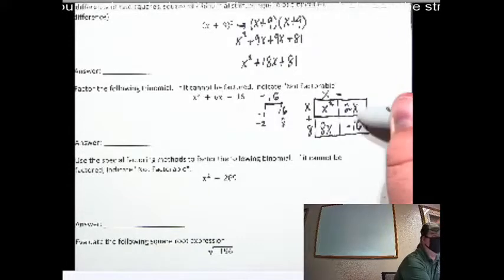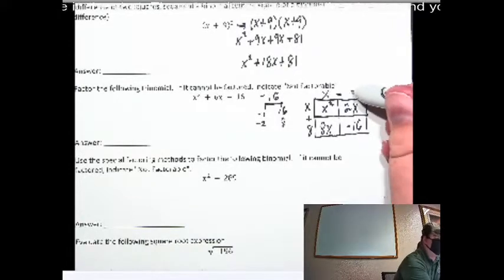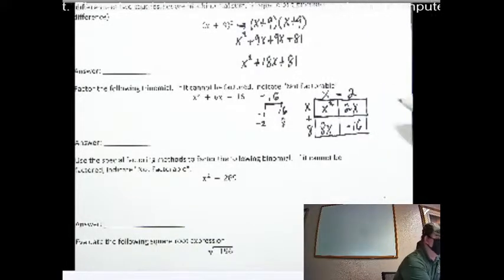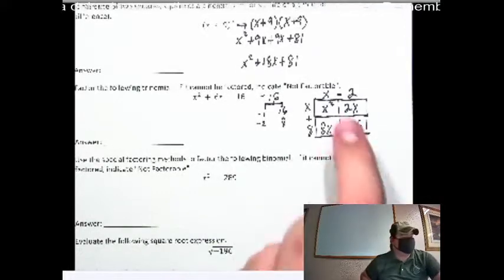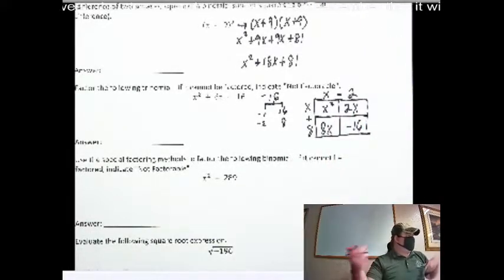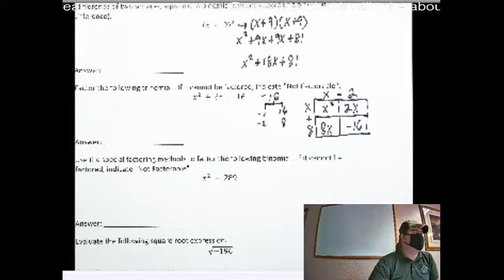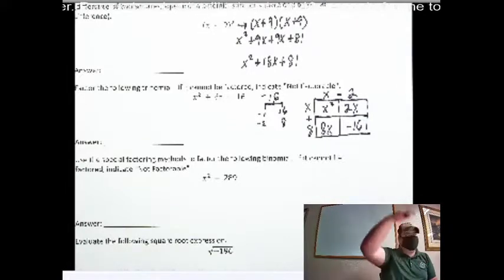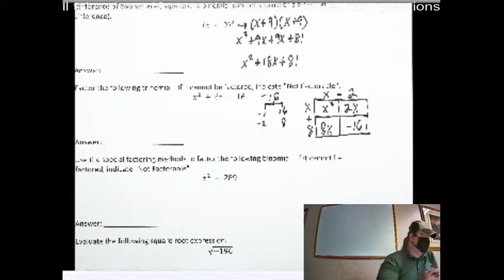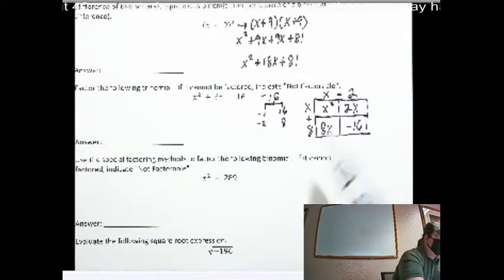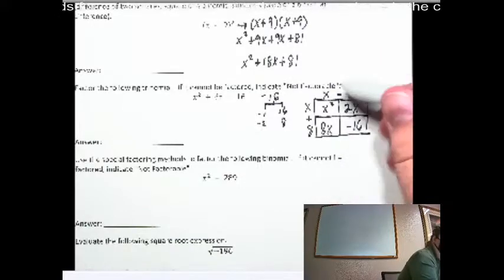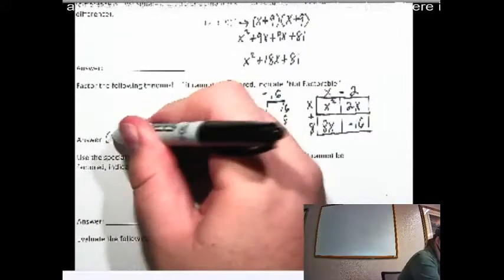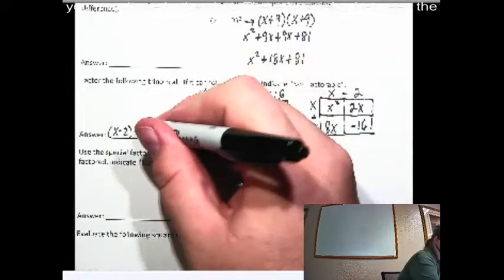Well, 2 can't be divided by 8. The biggest thing we can divide it by is 2. Because nothing larger than itself can be divided by that. Like, 8 can be divided by 2, but 2 can't be divided by 8. Okay? So there's our factors. X minus 2 across the top there, and x plus 8 down the side.